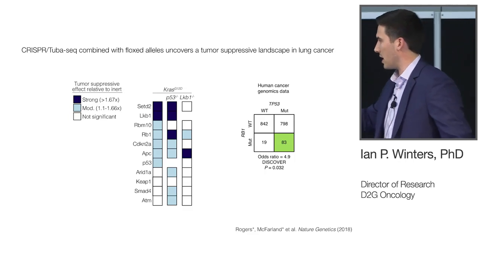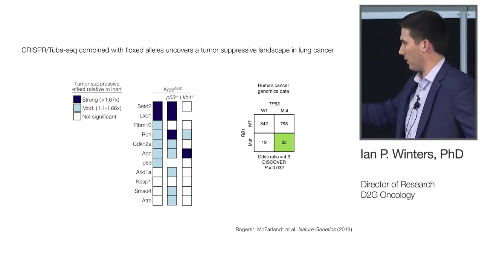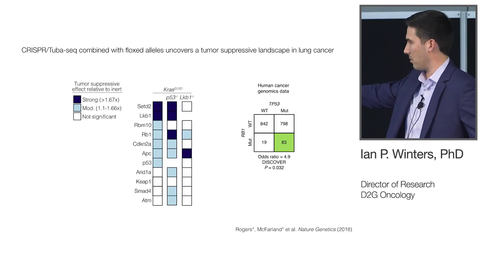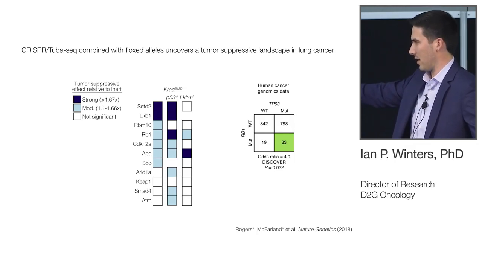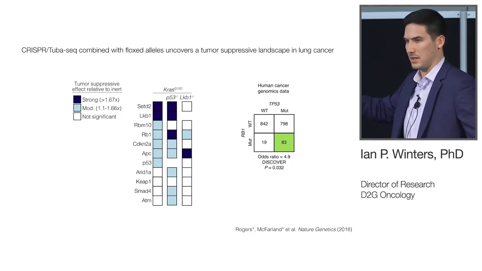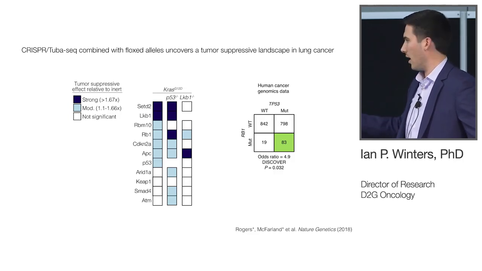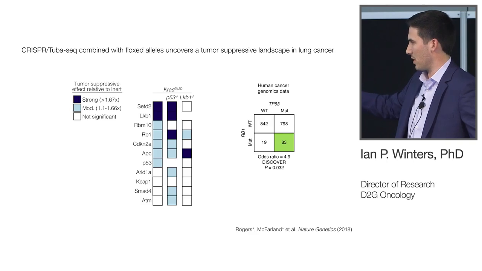There's also some other examples where it's the opposite. If you look at LKB1, for example, LKB1 by itself in the context of KRAS driven tumors is a very strong tumor suppressor. And SETD2 is a very strong tumor suppressor as well.